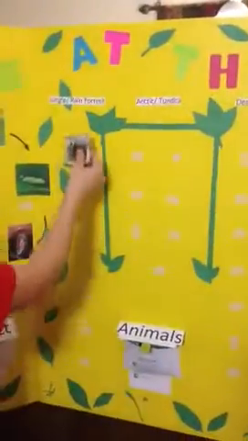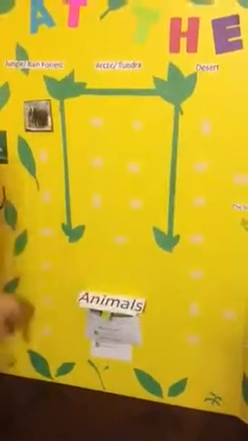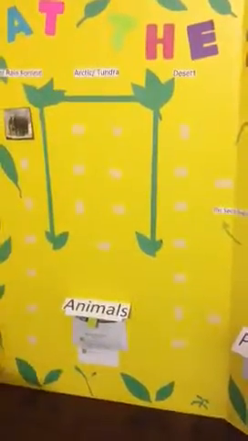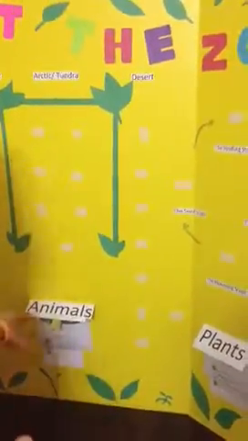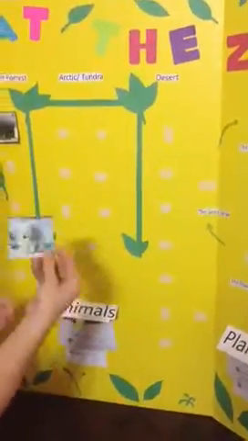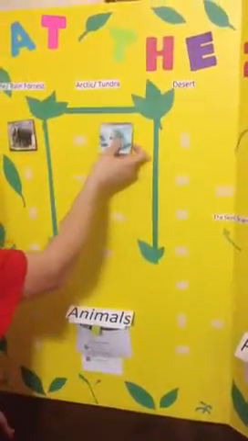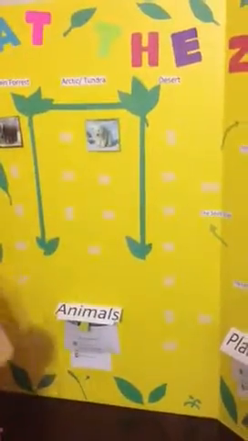It lives in the jungle. So we would put it here, and they would keep on going until they filled it all out. Let's say we have this one, a little polar bear. It would go in the Arctic tundra because it lives in Antarctica.